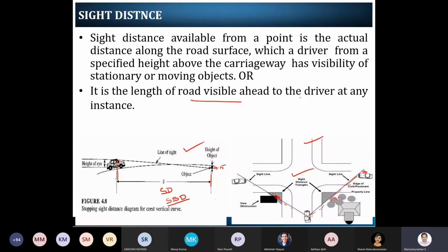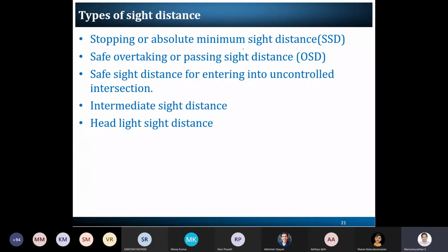It may go for that accident or may not, but at what point the visibility is happening, from that it is considered as a sight distance. So it has different sight distances. As I mentioned, if you are able to stop safely, that is considered the stopping sight distance or the absolute minimum sight distance.